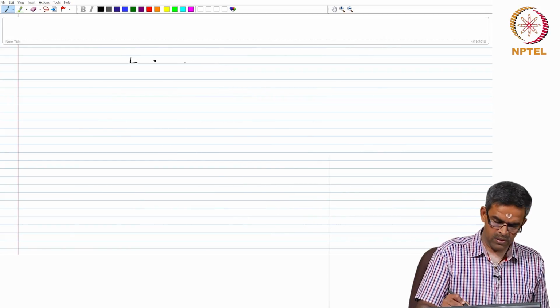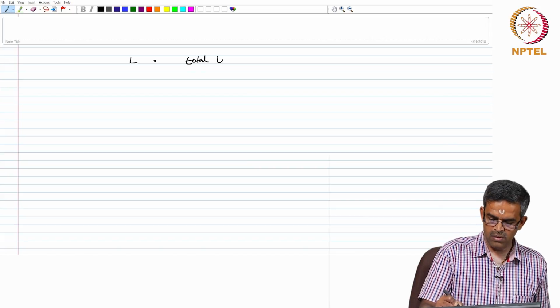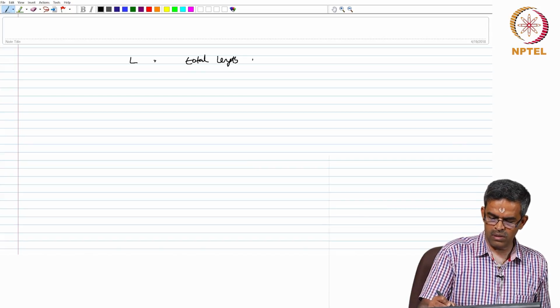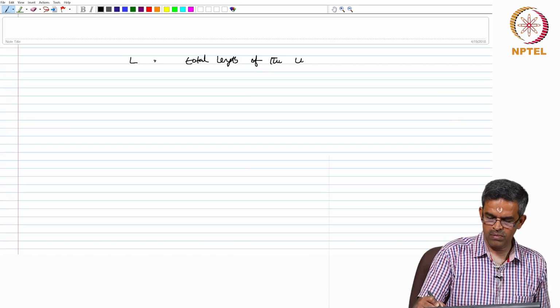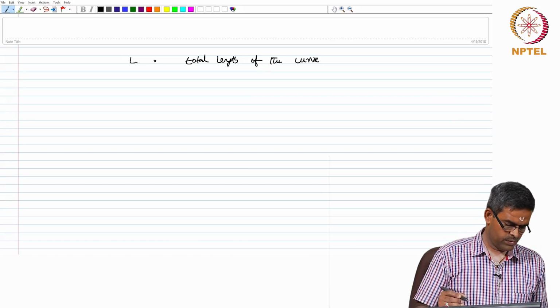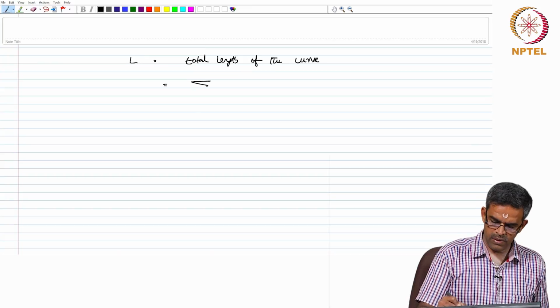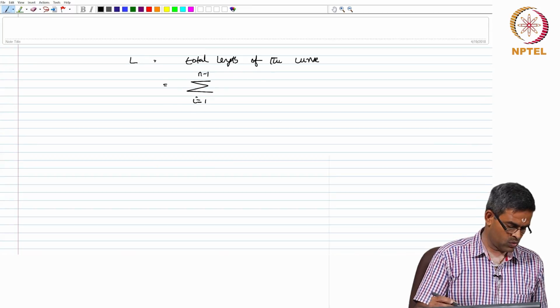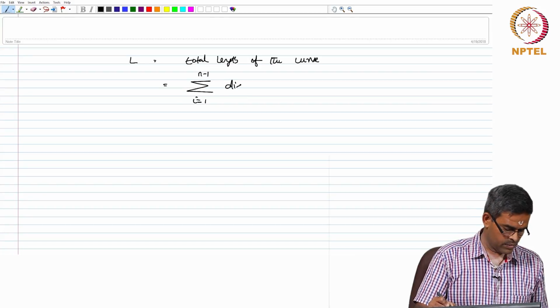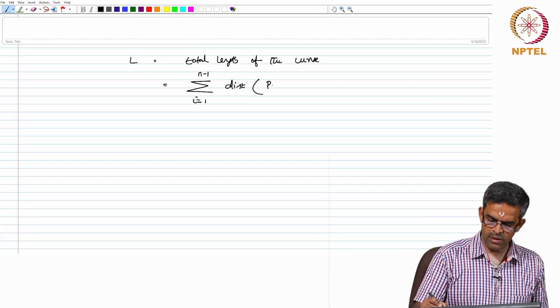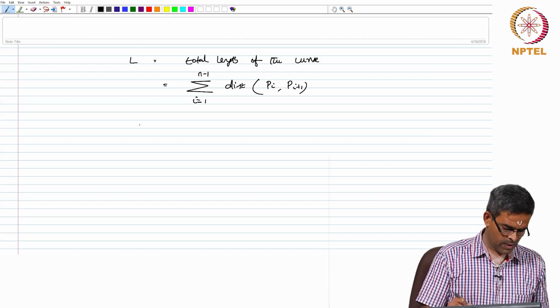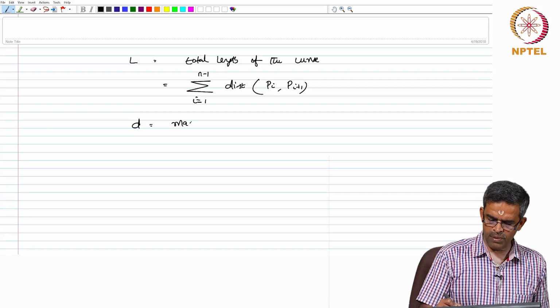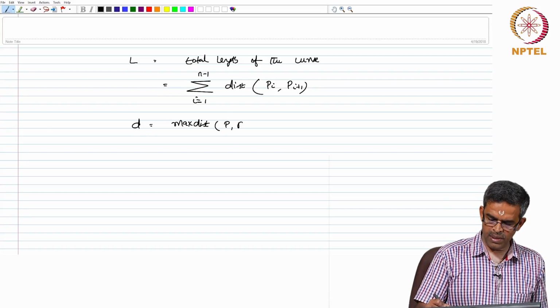L represents total length of the curve, which is given by summation of i equals 1 to n minus 1 distance between Pi and Pi plus 1, whereas d is a simple function of maximum distance between P1 and Pi.